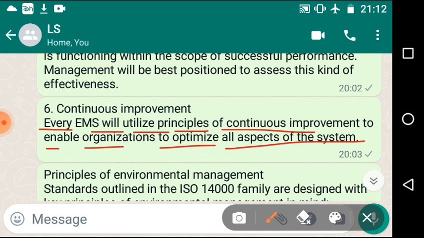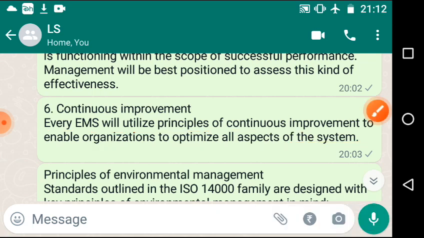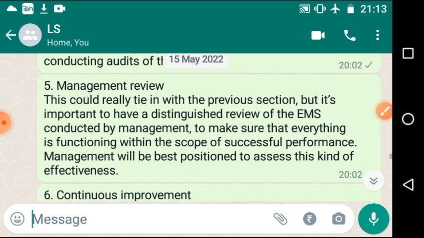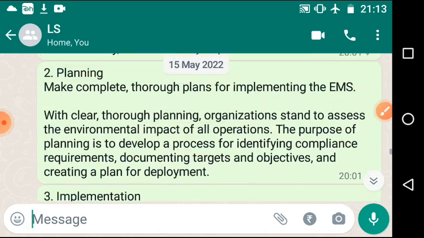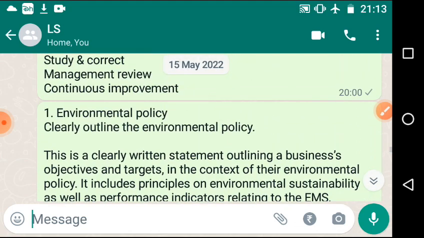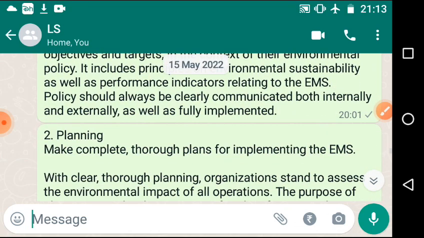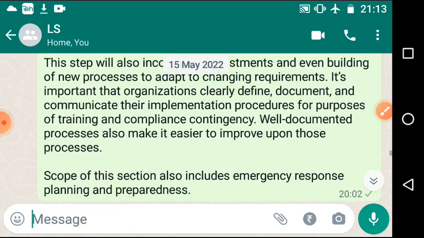Every EMS will utilize some principle of continuous improvement to enable the organization to optimize all aspects of the system. So every environmental management system will utilize continuous improvement to allow organizations to optimize.